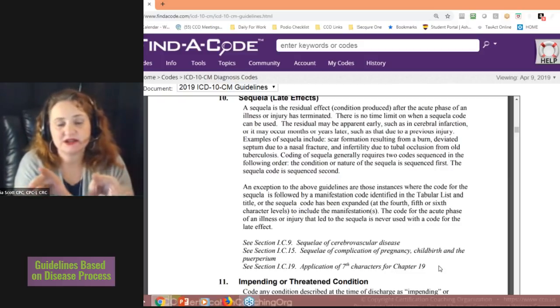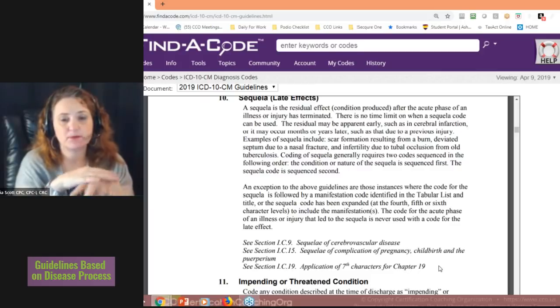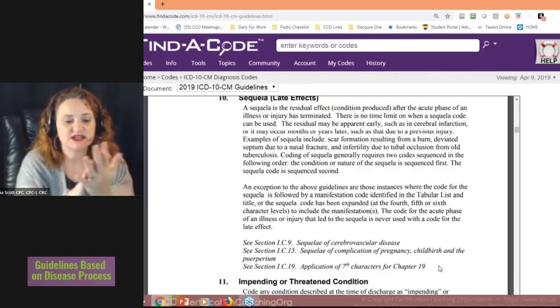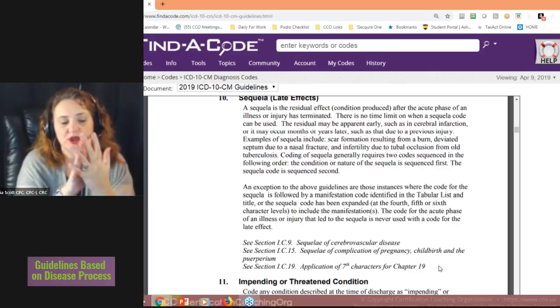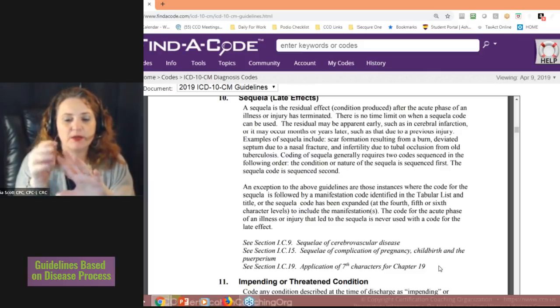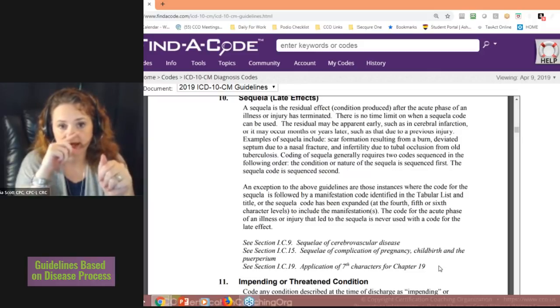Now, when I talk about sequelas and teach on sequelas, I usually talk about burns, because if a person has had a third-degree burn of a hand, there's usually enough scar tissue that the patient isn't able to articulate their joints very well on that hand, and they may even have lost part of their fingers, and so they may have to go in and have procedures done to loosen up that scar tissue just so they can manipulate their hand and use it properly, right?